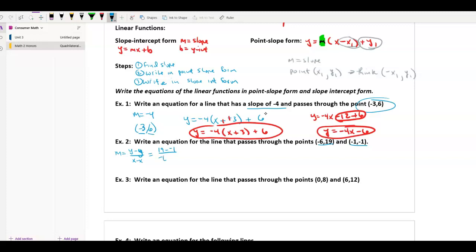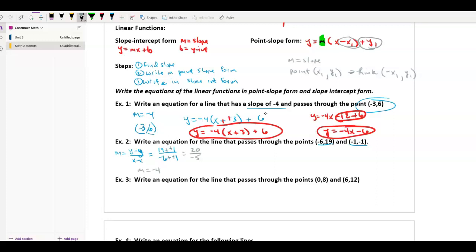So it must be -6 minus -1. Now right away, if I bling bling here, that becomes 20 over bling bling here. -6 plus 1 is -5. So my slope is -4.